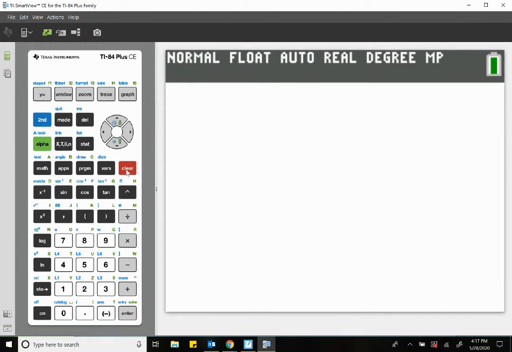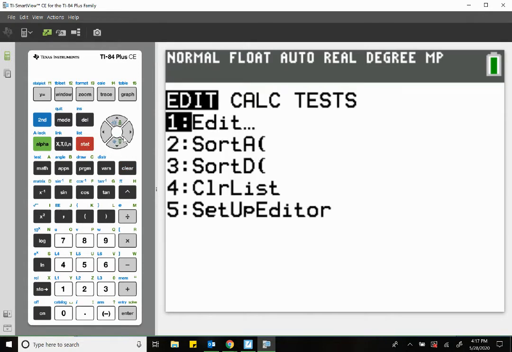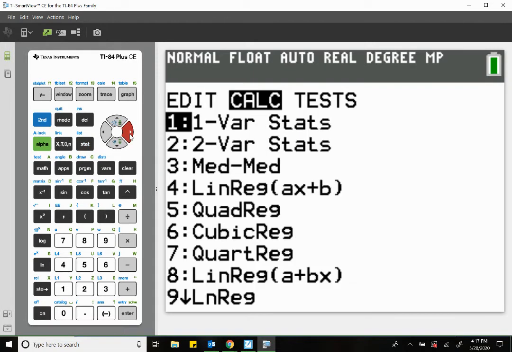Now, here's how you find the correlation coefficient. Go back into stat, go over to calculate. This is actually what we also do in 4.3. So you're learning a little bit of what we can do with the calculator for 4.3 at the same time, and I will review this in 4.3.